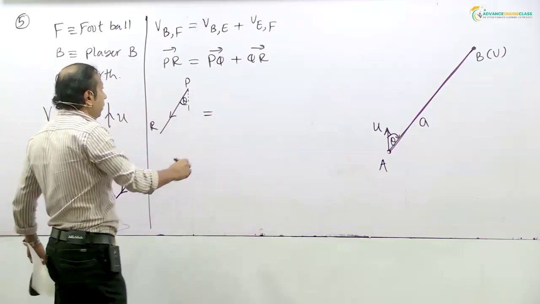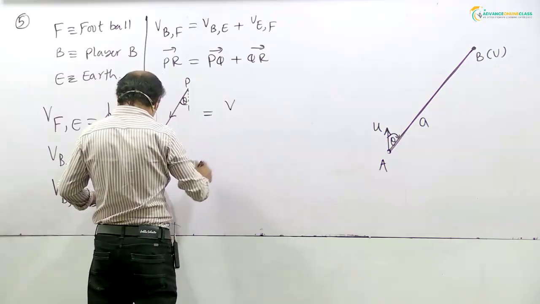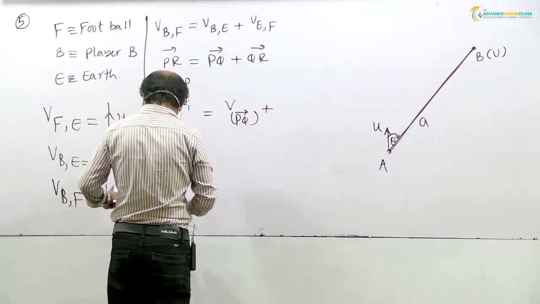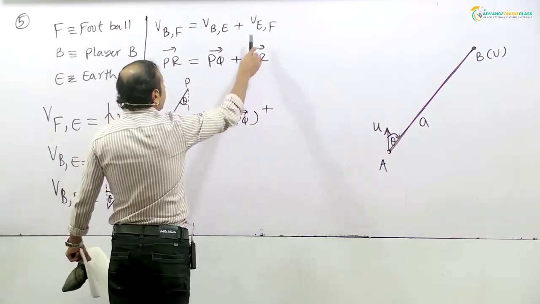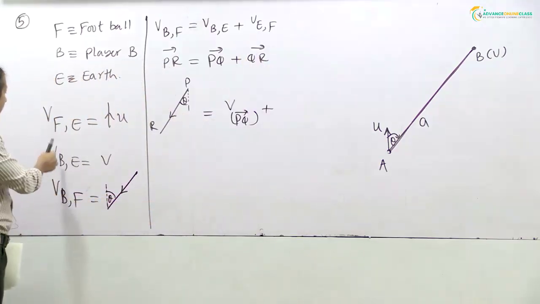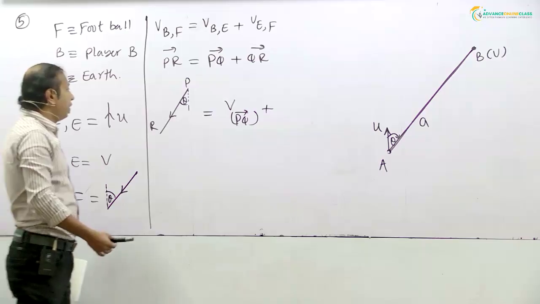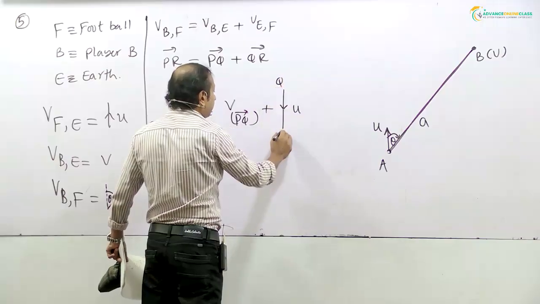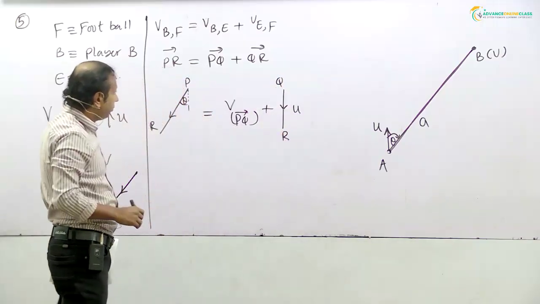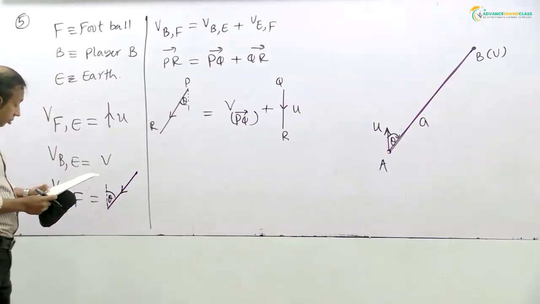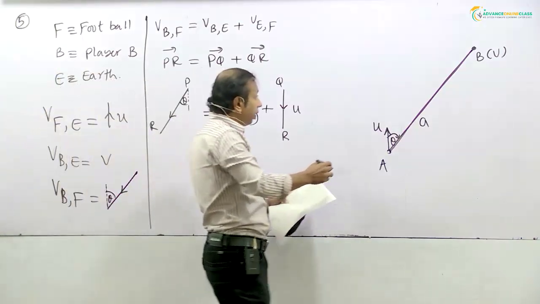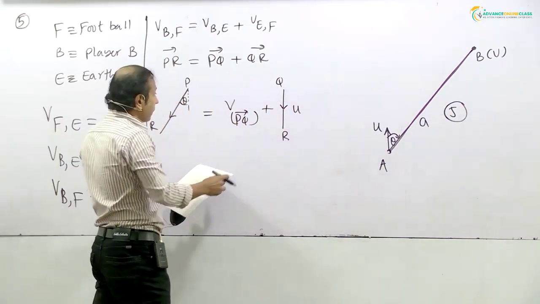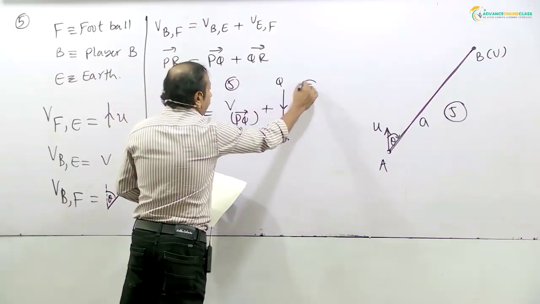VBE is given by PQ, then QR. Here, EF we need. FE upwards is U, EF downwards is U. This way. You are given the marks, this 5 marks.